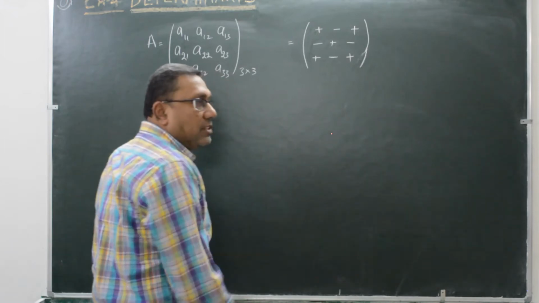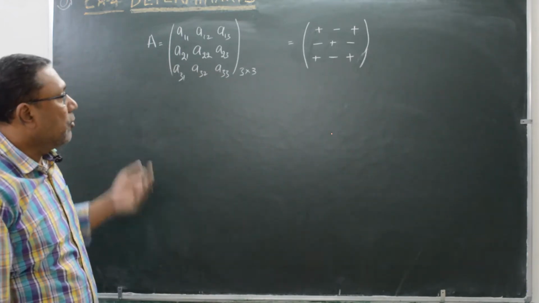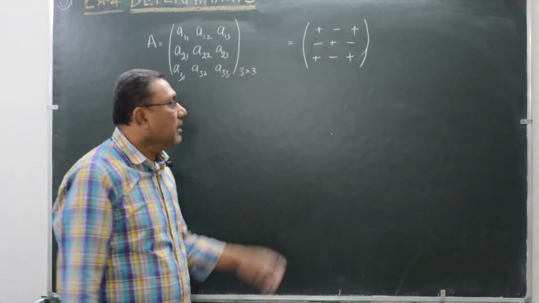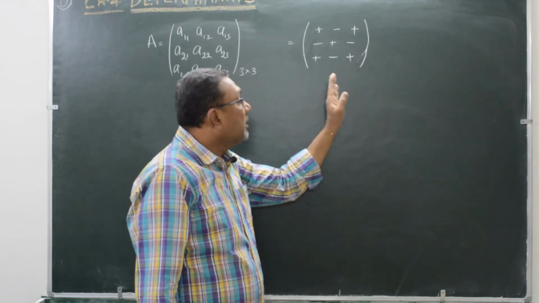So always remember, when finding the determinant value for an order of 3 by 3, the sign pattern will be something like this. Okay.